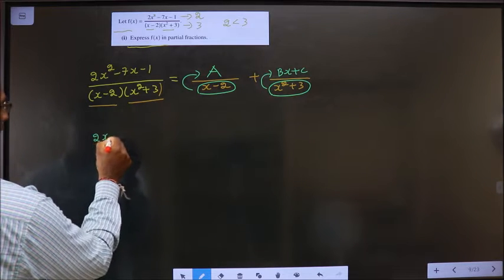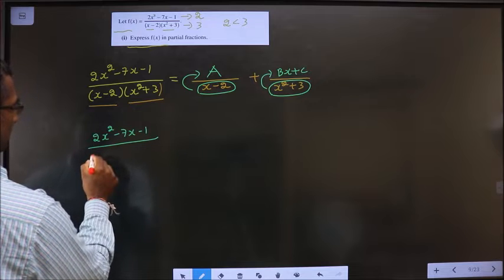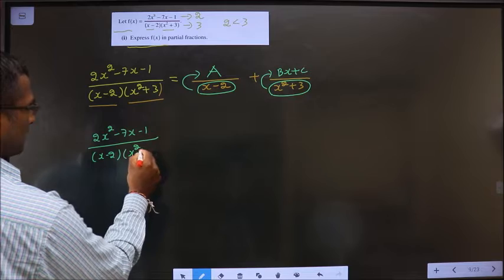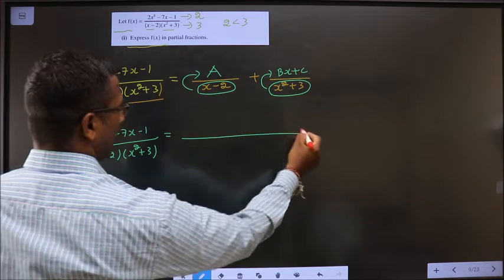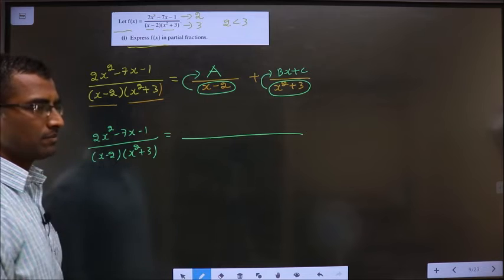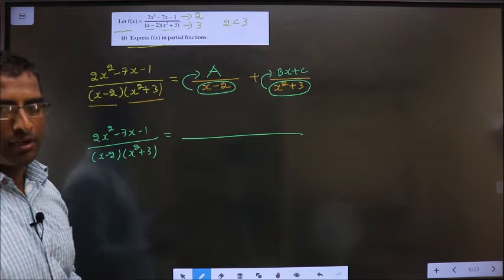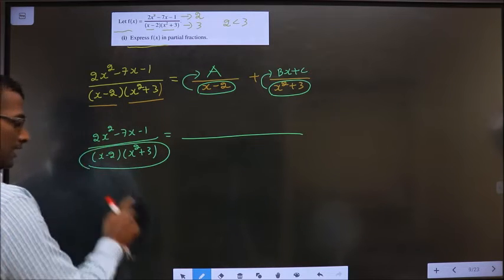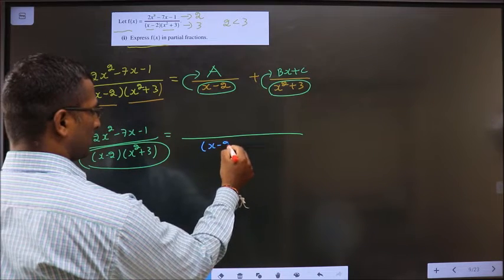Here it is 2x square minus 7x minus 1 by x minus 2 times x square plus 3. On this side you should take the LCM of the denominators. Either you take the LCM or directly, whatever denominator is present on this side, write the same denominator here also.